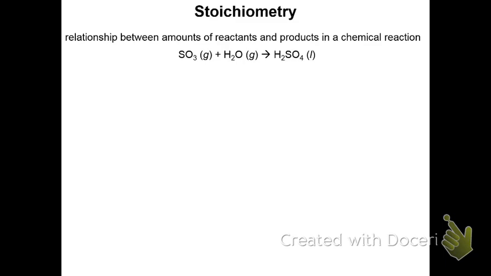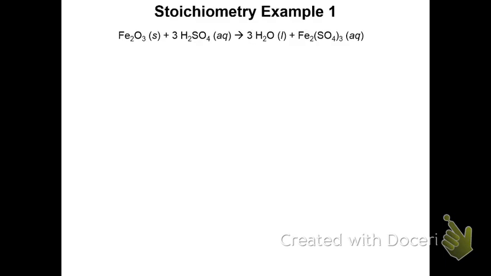So the balanced chemical equation tells us how many moles of reactant react with another reactant to form some quantity of products. In this case, everything's 1-to-1, so we need 1 mole of each reactant to give 1 mole of product. So let's look at a slightly more complicated example where we don't have everything reacting 1-to-1.